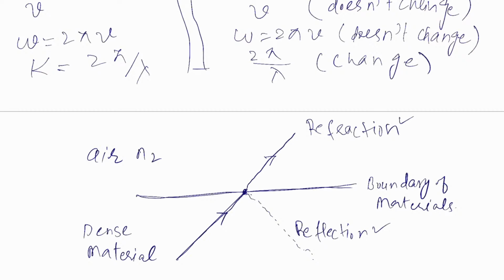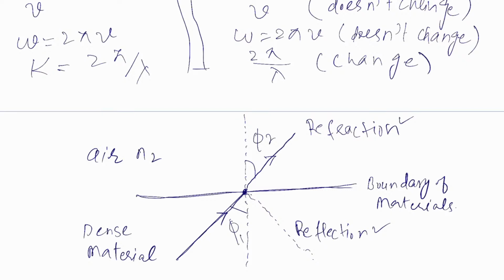So now we draw a perpendicular on this point where light is striking. So this reflected light is making angle with this, and this original light is making angle with this. Let's call this angle phi 2 and this one is phi 1.